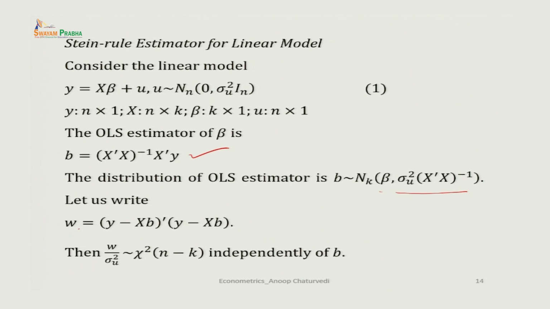Further, suppose you write W equal to y minus x b transpose y minus x b. Then W upon sigma square u follows a chi-square distribution with n minus k degrees of freedom independently of b. So, we have the distribution of b, we have the distribution of W upon sigma square u.